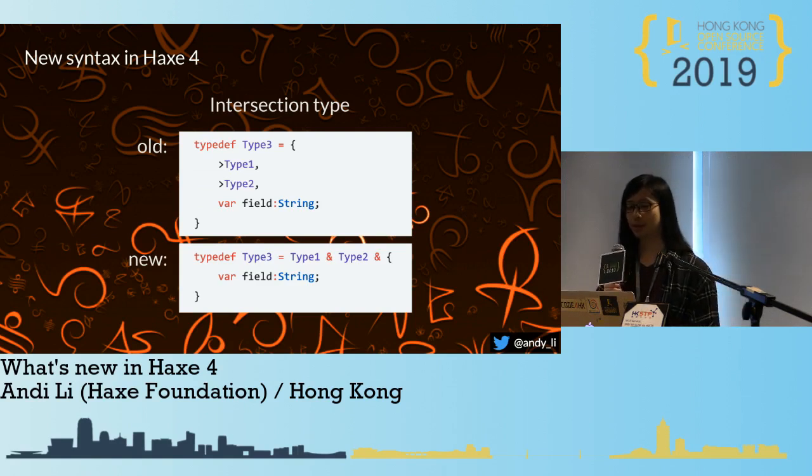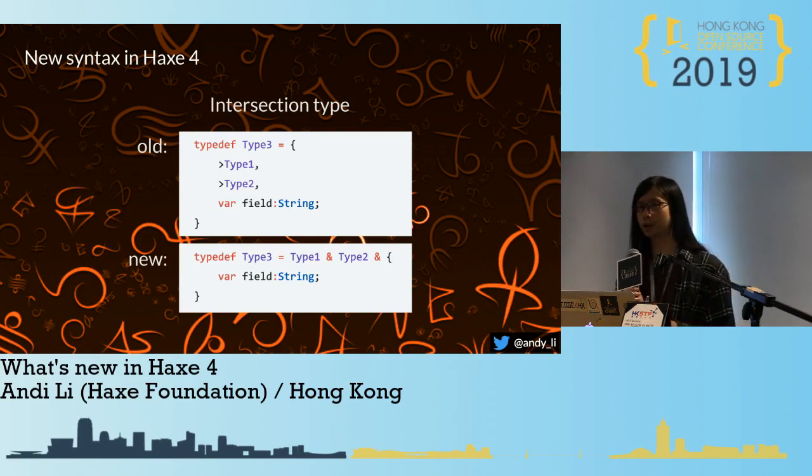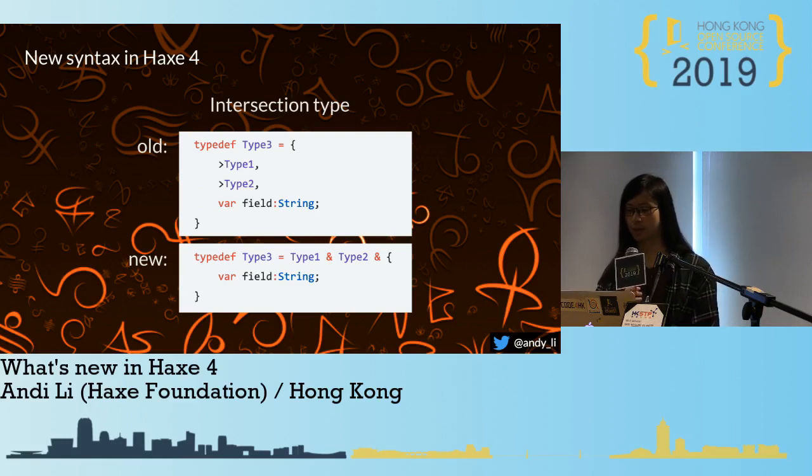And then we have a new syntax where we use the ampersand to combine them. I think it looks a little bit nicer, and logically it shows that those three components are on the same level, but they do not have a hierarchy like the old syntax suggested.